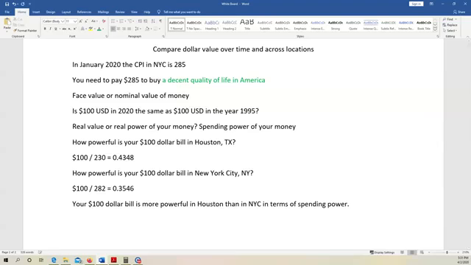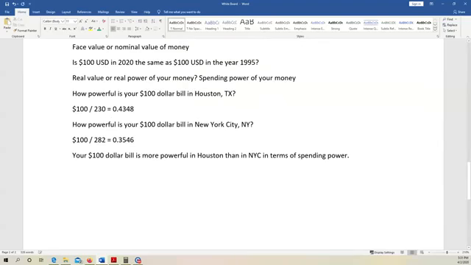So here you have a question. For example, compare dollar value across locations. In this case, time is fixed.